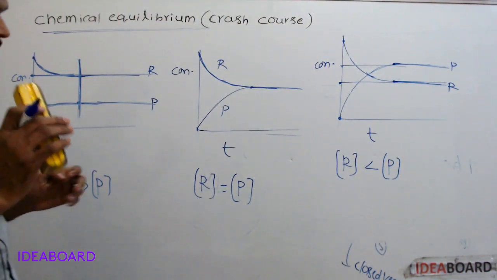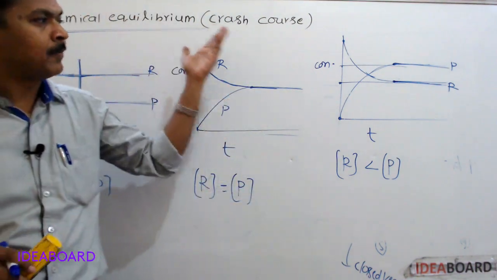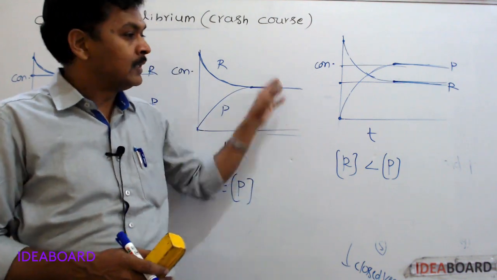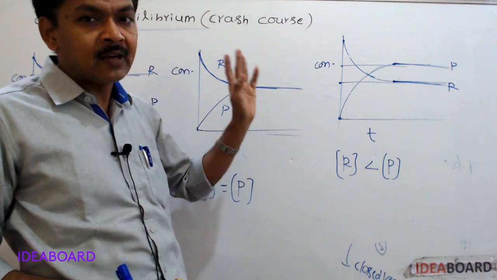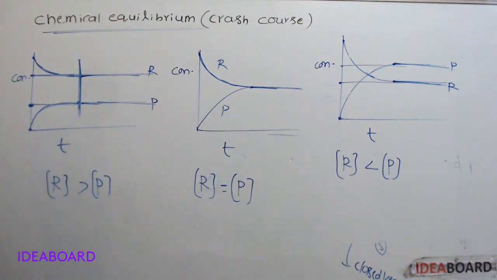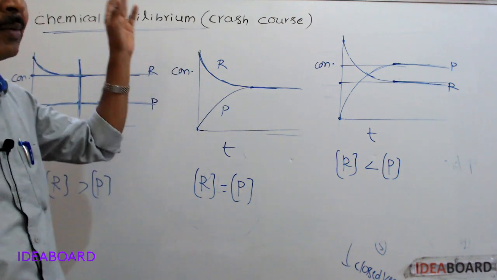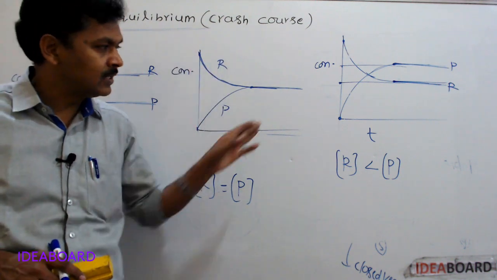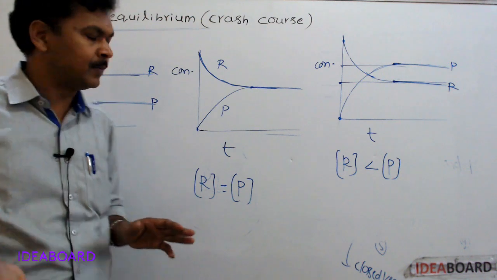So don't think that after establishment of equilibrium, the concentration of reactant and product will be the same. Not like that. There is no change in the concentration of reactants and products, but the concentration of reactant and product may or may not be the same.